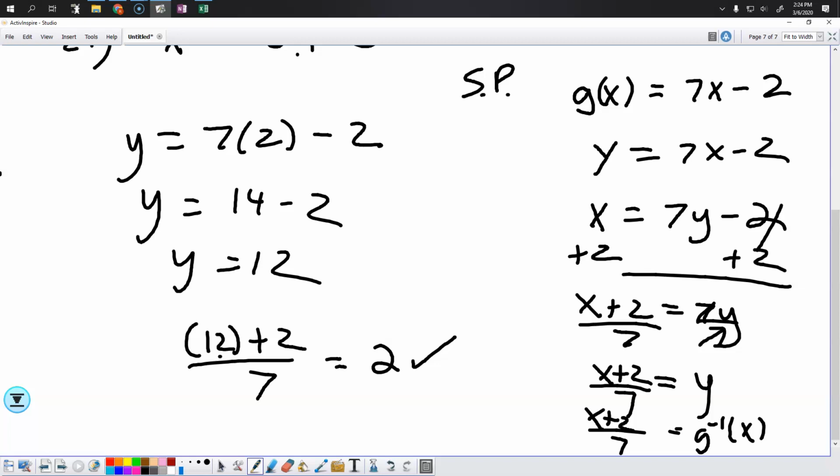All right. So now I want to just do a couple more examples just to show you guys the different algebra moves along the way. But after that, we'll call it quits. All right.